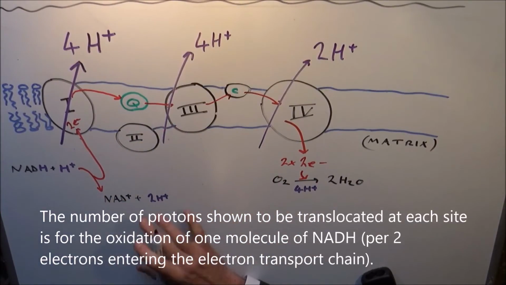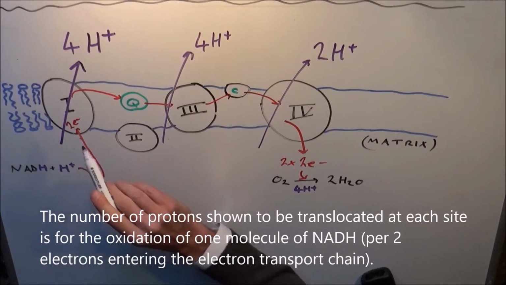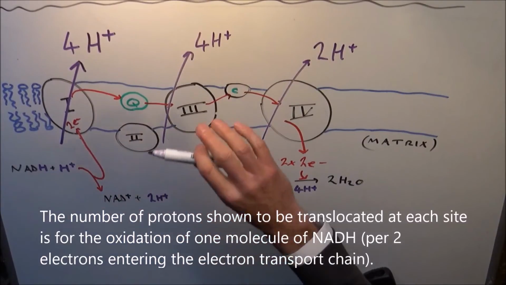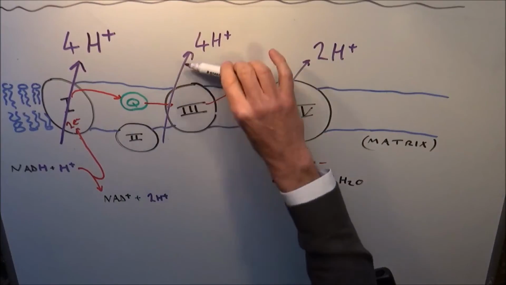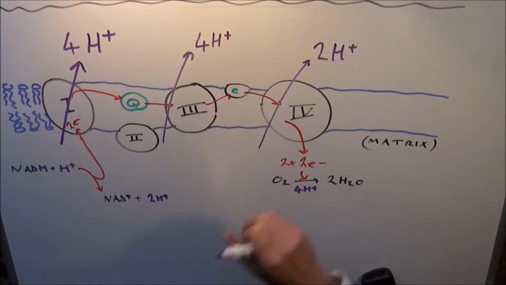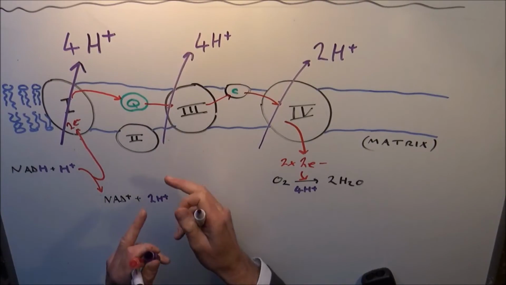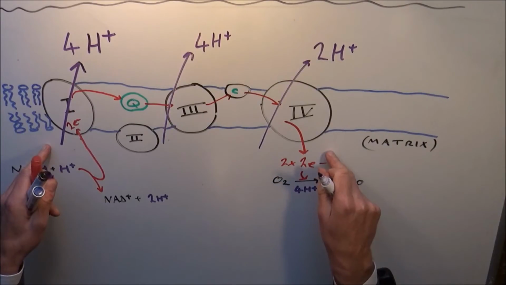All you need to appreciate is that at these 3 complexes, complexes 1, 3 and 4, as electrons pass through them, the electrons lose some energy. That energy is used to transport protons across the inner membrane into the space. The mechanism by which this happens at complexes 1 and 4 is a proper proton channel.